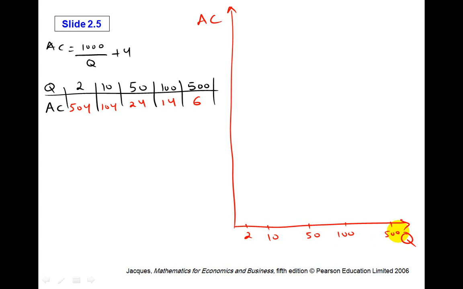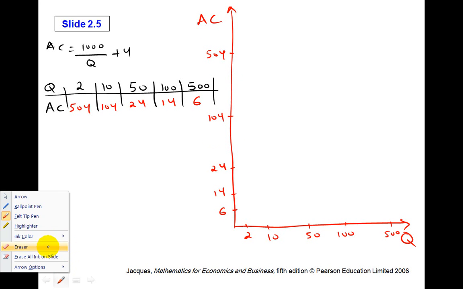And the values for average cost were 6, 14, 24, 104, say 504. Here I'm trying to be more logical in putting the spaces between the numbers.